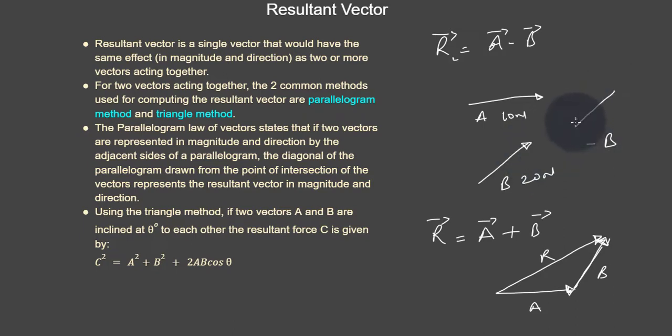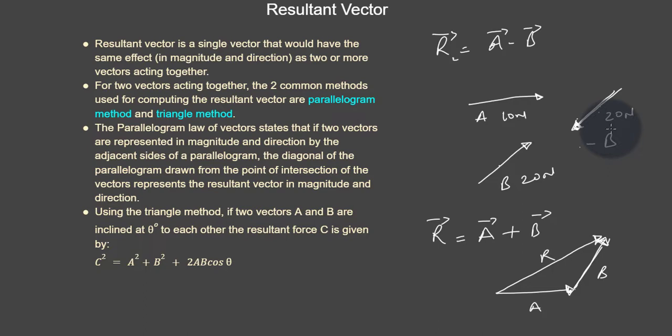So what that means is, instead of this arrow pointing upward, the arrow will point downward, but the length of these two will be the same. It will also be 20 Newton, but this time around, the direction is going to change because now you are going in the opposite direction.